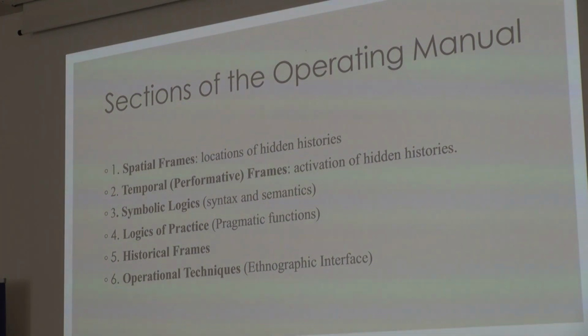So spatial frames are very important. There's a lot that gets fit within this. But really, spatial frames have to do with the locations of hidden histories. And the histories are intimately associated with space.